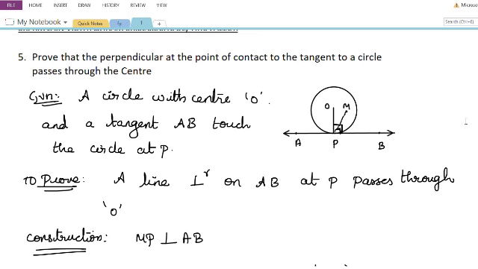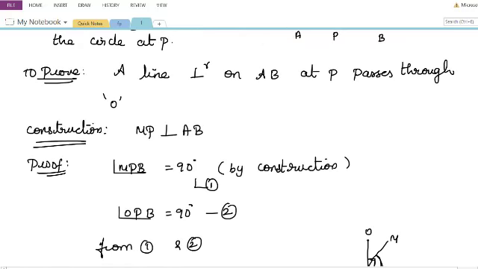So I have considered a point M and I have given a construction that MP is perpendicular to AB. Perpendicular means it makes 90 degrees. And in the question they have given perpendicular at the point of contact. So OP is also perpendicular to AB. So both of them make 90 degrees with the tangent AB, right? So MPB and OPB make 90 degrees.